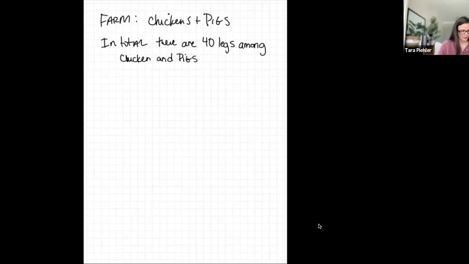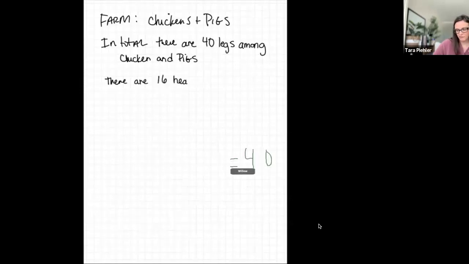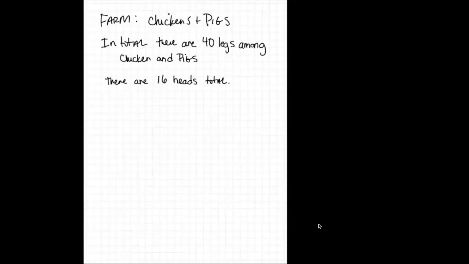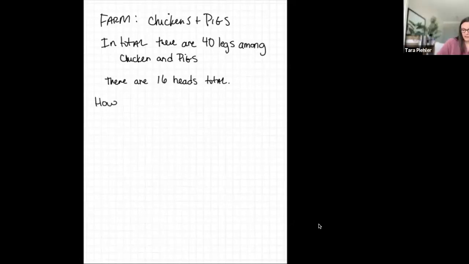There are also 16 heads in total. So how many chickens does Old MacDonald have?